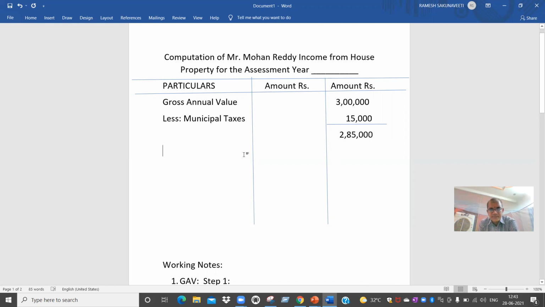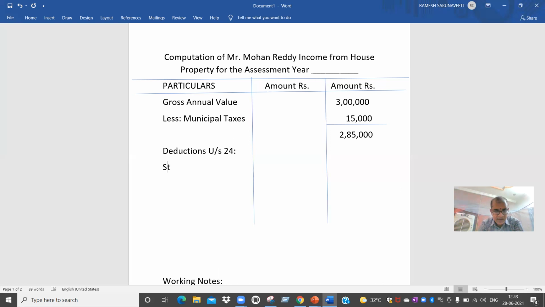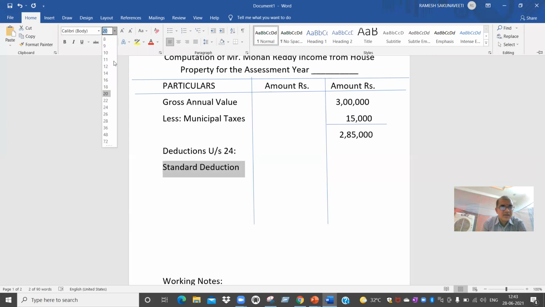Am I correct? Yes, sir. Okay, deductions. Under which section? Deductions under section 24. We have to remember it. Section 24. First one is standard deduction. This also we have to mention. Please remember this also we have to mention.